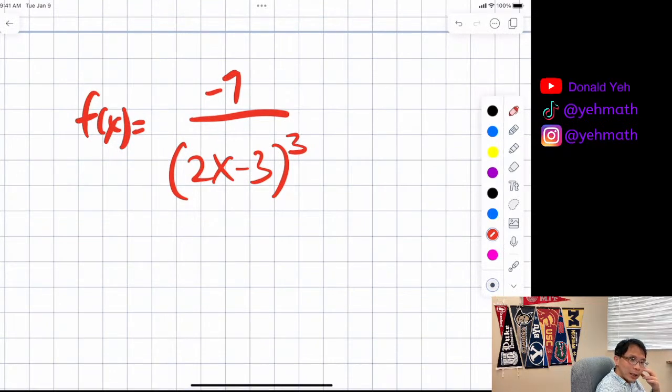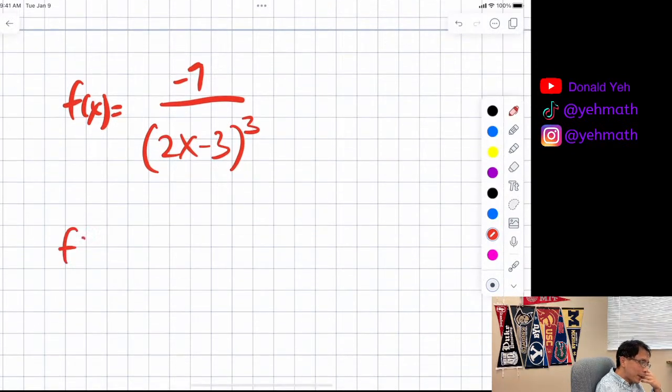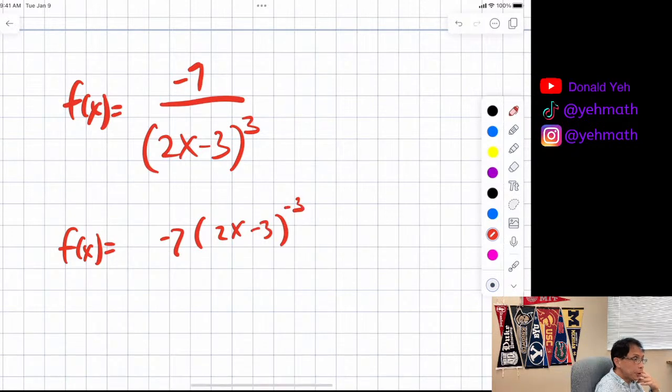All right. So, how much time do I have? Oh, good. All right. So I'm gonna rewrite this. How do I rewrite this? Did you rewrite it before you take a derivative? Chain rule. So remember, there's two layers.